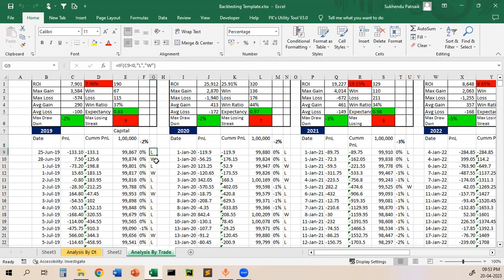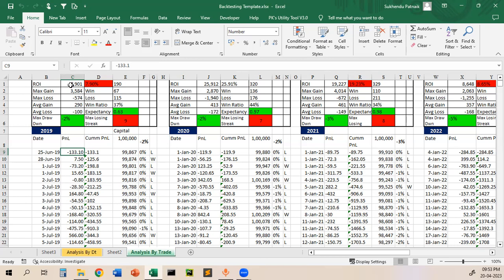Then in column G for the year 2019, if there's a profit, it's a win, otherwise it's a loss. The formula is given that if the line item P&L, not the cumulative P&L, is greater than 0, then it's a win. If it's less than 0, it's a loss.